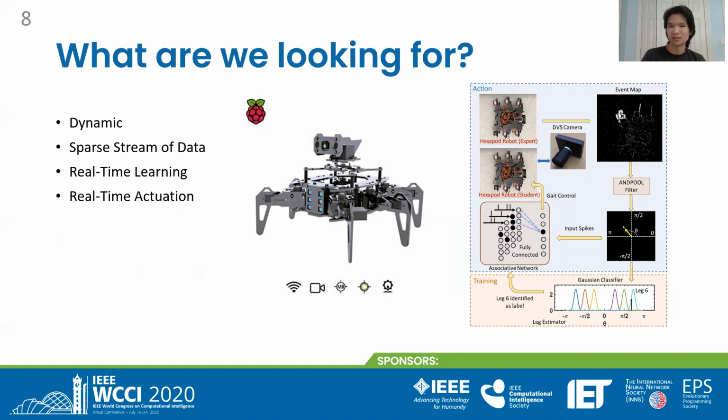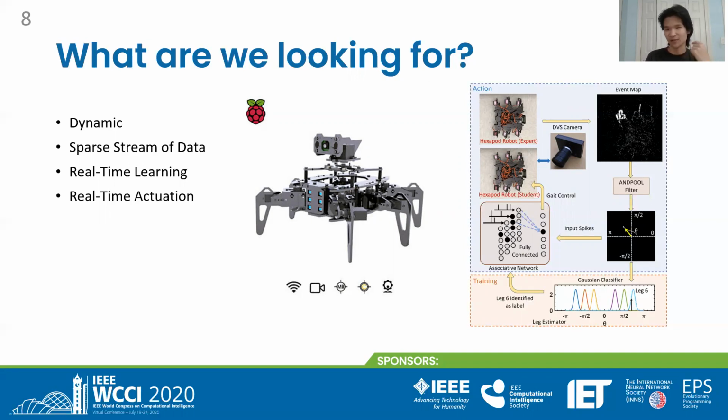While it's watching a video of another robot moving, it's twitching its legs, trying to copy that movement, and it's thinking and processing at the same time as it's doing it. So the data takes the form of a sparse stream, right? We want this to be a temporal algorithm, and we want it to be dynamic.